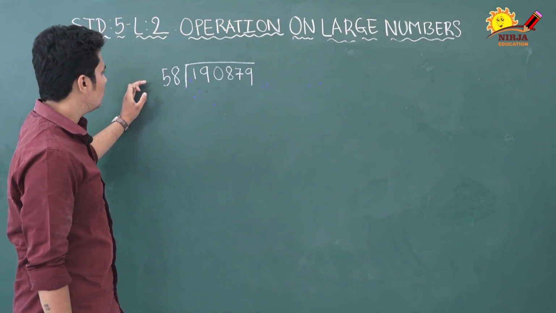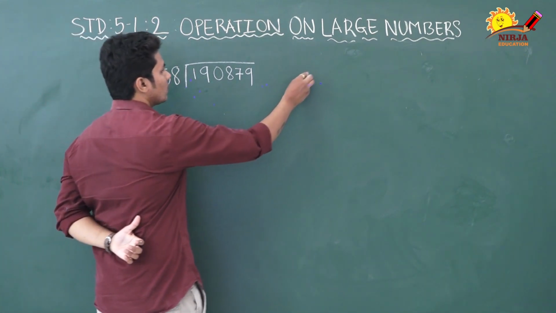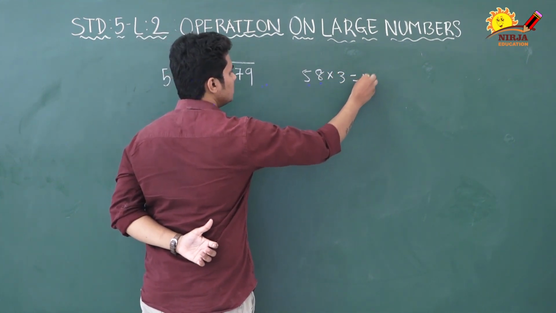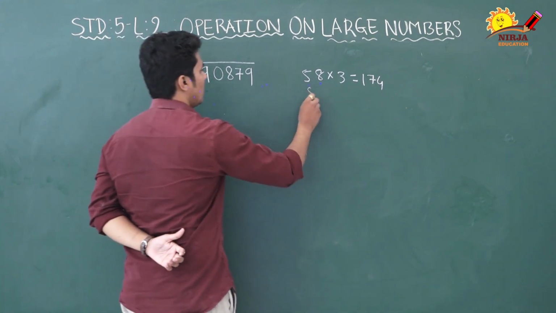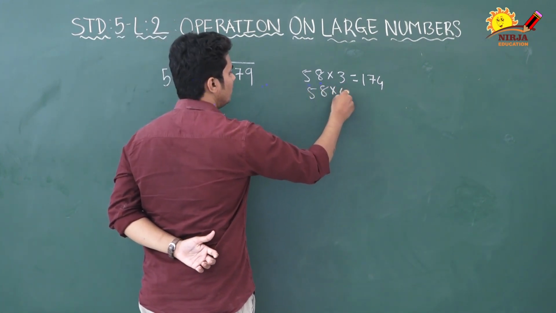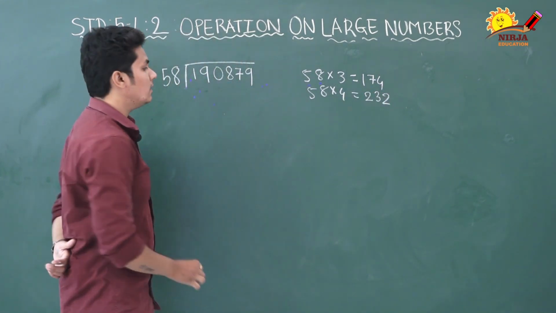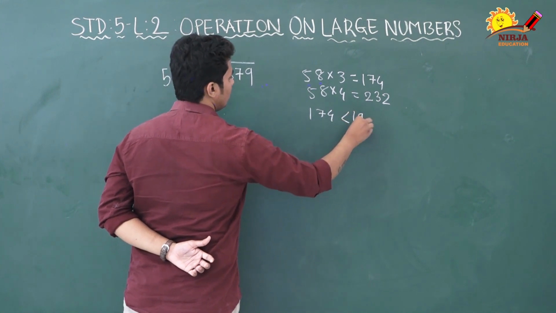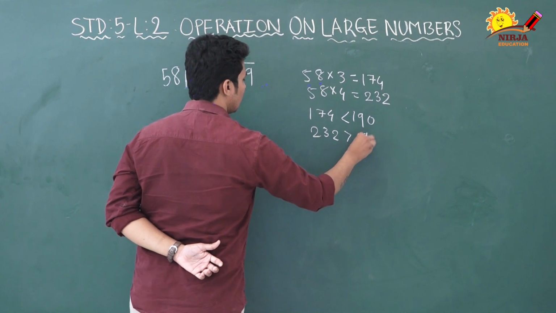Okay. So by basic multiplication, we know that 3 times 58 is 174. Okay. And 4 times 58 is 232. Clearly 174 is less than 190 and 232 is greater than 190.